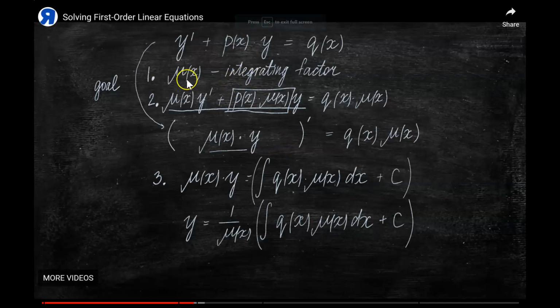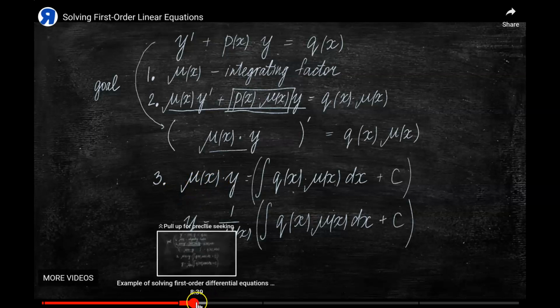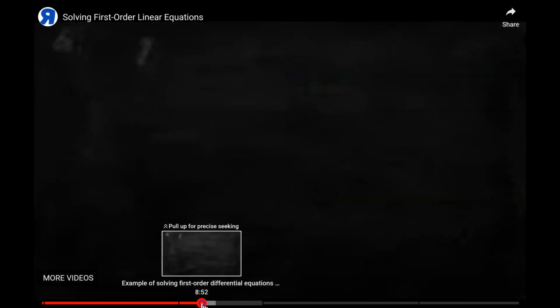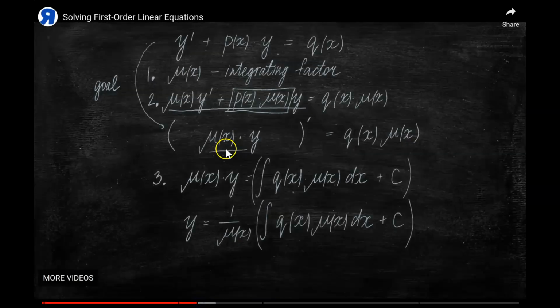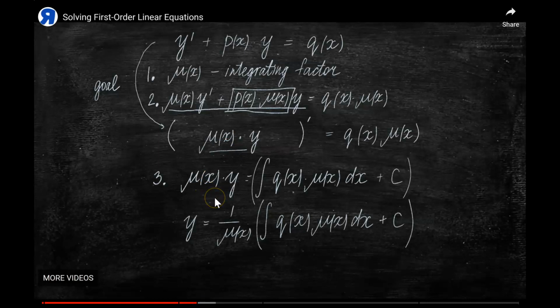Step 1, we find the integrating factor. Step 2, we rewrite the differential equation using the integrating factor. And then step 3, I guess there are 4 steps depending on how you look at it, but step 3 and 4, we just solve for y.